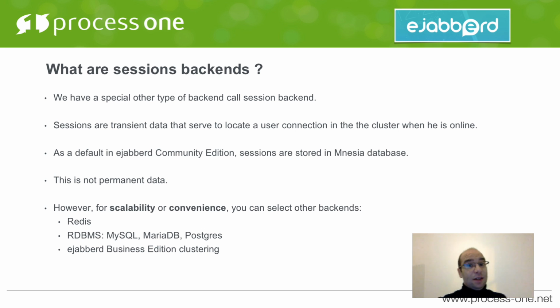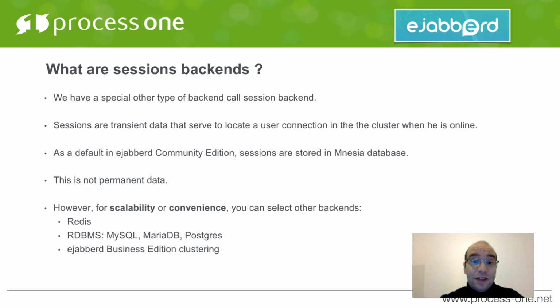In ejabberd, the session data is managed by the cluster, and is basically used to make sure that when you try to reach a user, you can know where the user's TCP/IP connection is on the cluster.